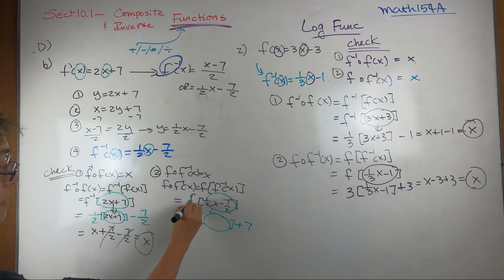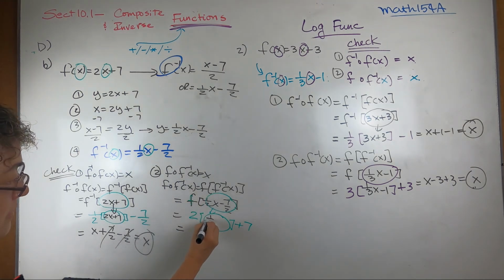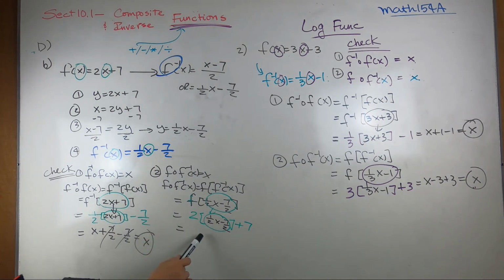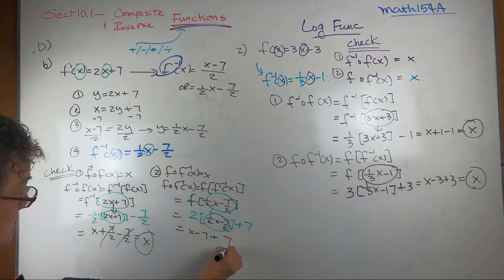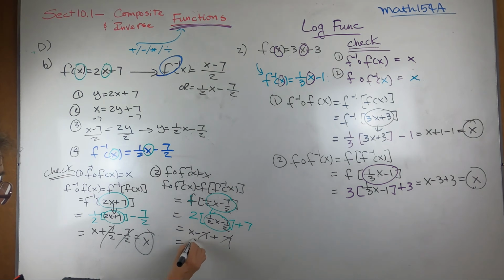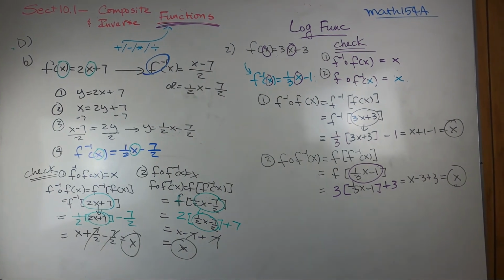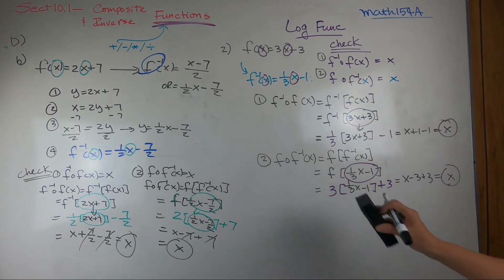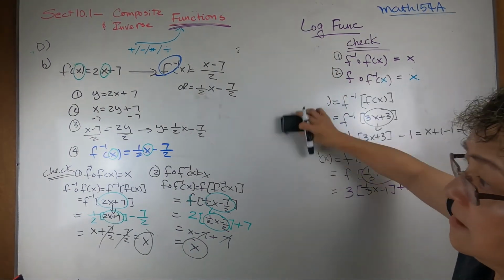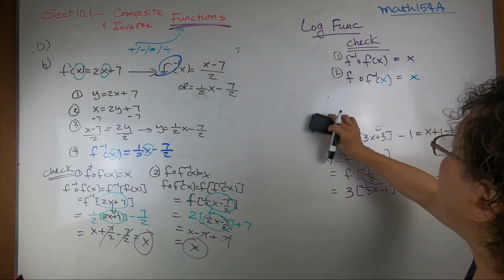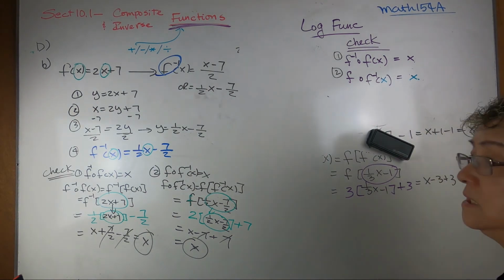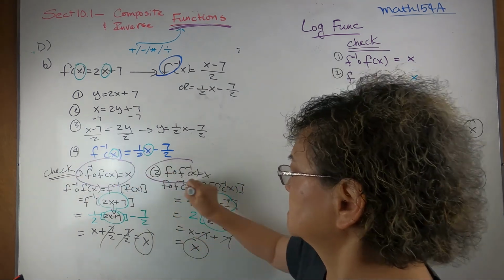So that's your half of x minus 7 halves, then cancel out, it would be x minus 7 plus 7. So did you get back? Yes, you do. Okay. So that's what we need to check: these two conditions.